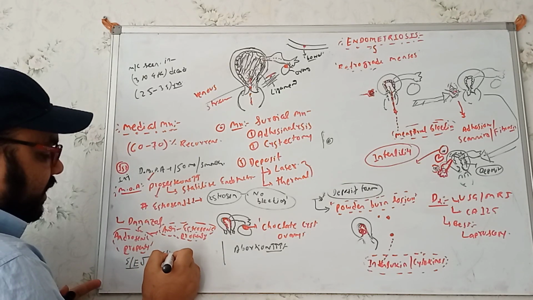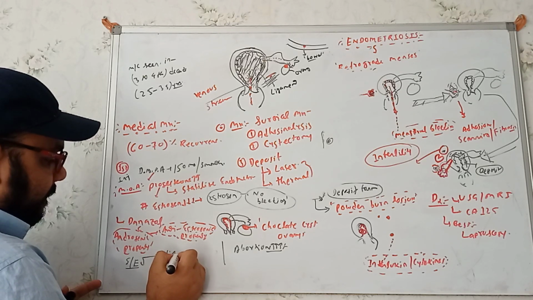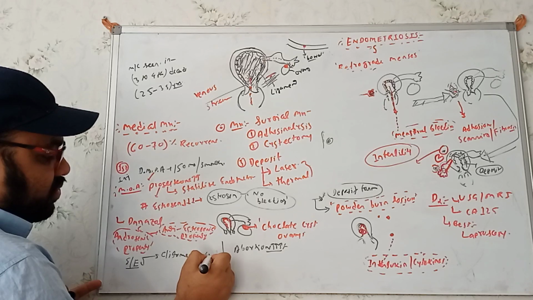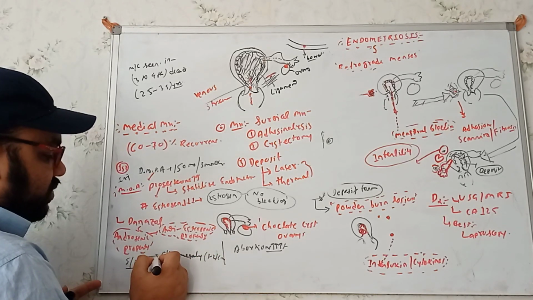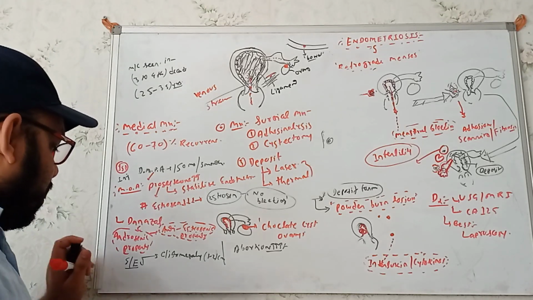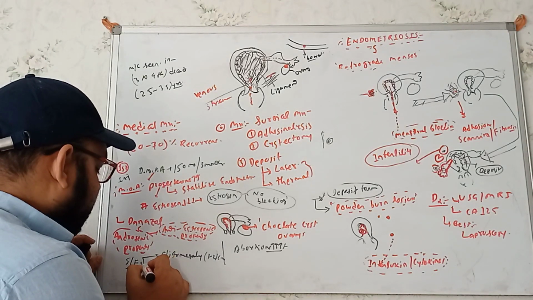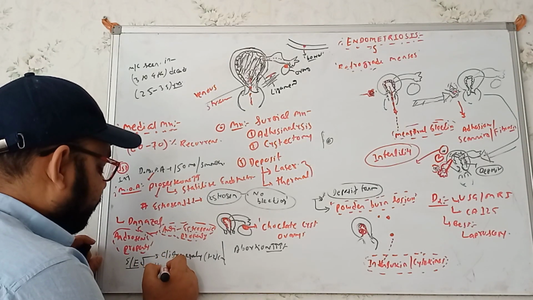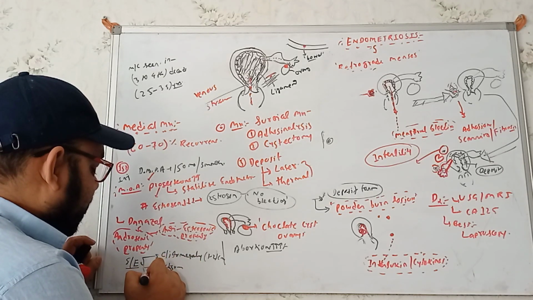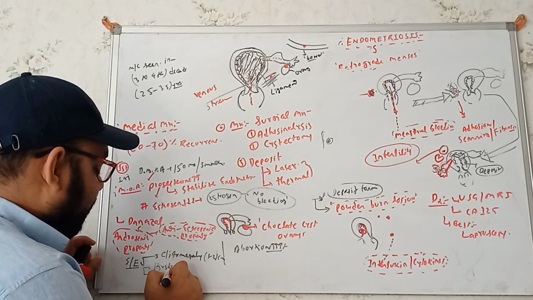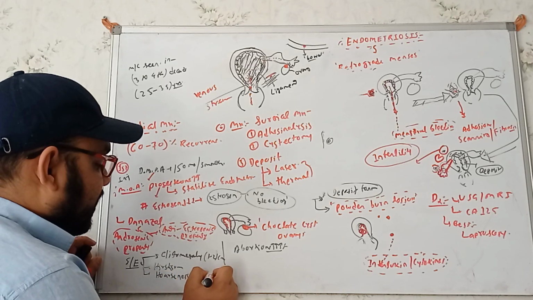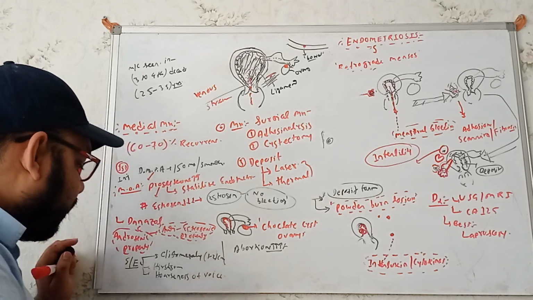We'll get clitoromegaly. Maybe 1 to 2 centimeters of enlargement of the clitoris, and it will look like a small penis also. The second thing we can get is hirsutism. Third thing we'll get is hoarseness of the voice, just like a man. And this is the first symptom.